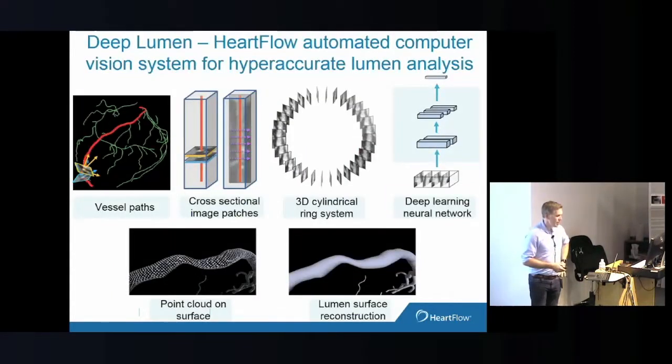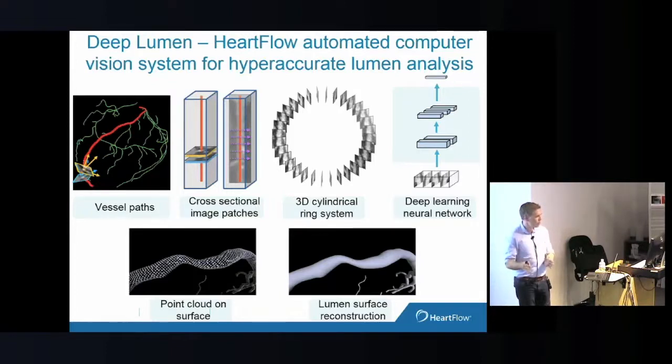So just to give you an idea of how we derived our system, we take the center line in the vessel, we parameterize the lumen surface using 32 directions radially around every center line point. We look at the cross sections in two directions, and we create this 3D cylindrical ring architecture that we built.